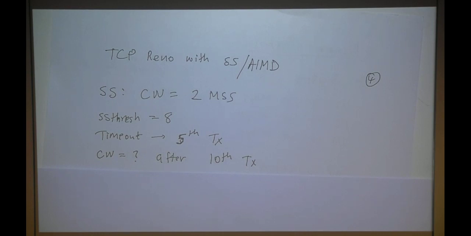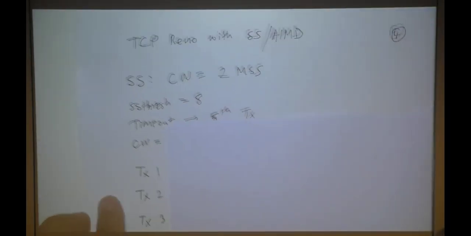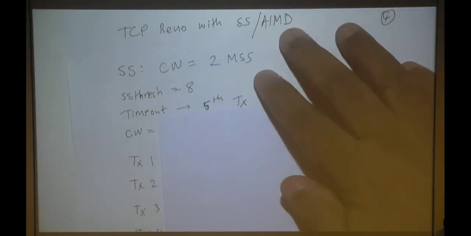Then the protocol will continue on, I will get to the 10th transmission, and I want to know what is the congestion window after the 10th transmission. So the way you probably want to do this is just write out what all the transmissions are and what the window size is.